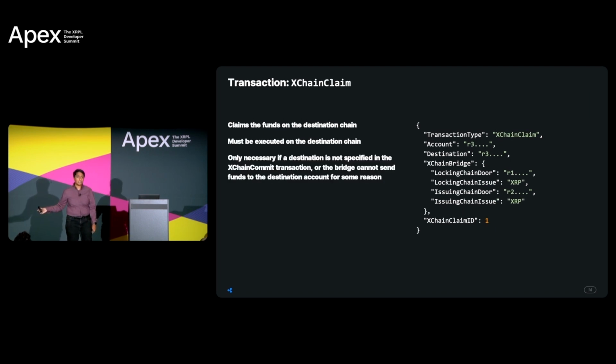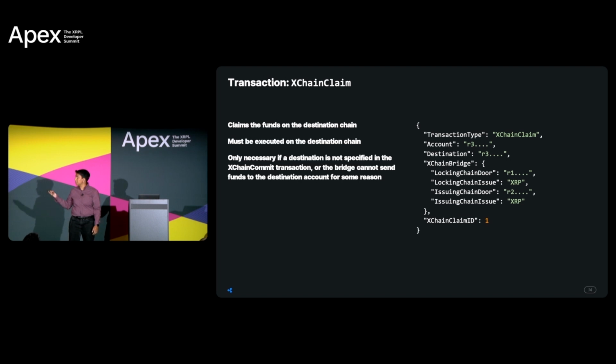The next transaction won't be necessary in most of these cross-chain transfers, but let's say you leave out your destination account in your exchange commit, or you are unable to automatically transfer funds on all of the attestations being received from the witness server. Maybe the destination account doesn't have the proper trust line set up or something like that.